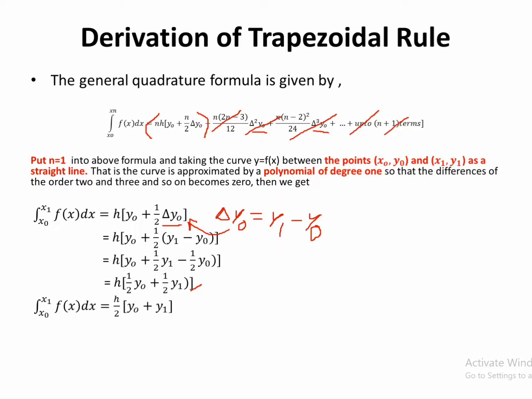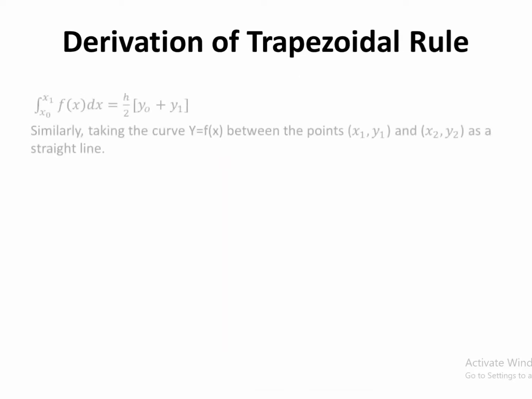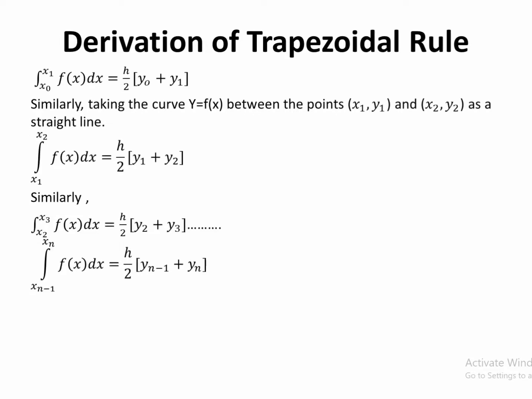Now in the same way for x1 to x2, y0 becomes y1 and y1 becomes y2. You can see here for x1 to x2. Similarly for x2 to x3, y2 to y3, and similarly like this.